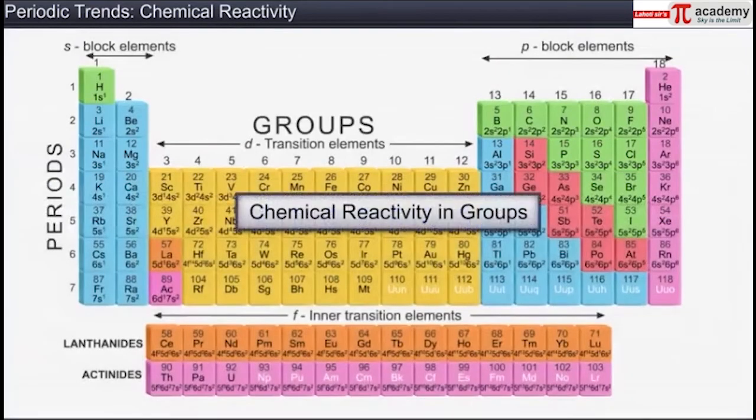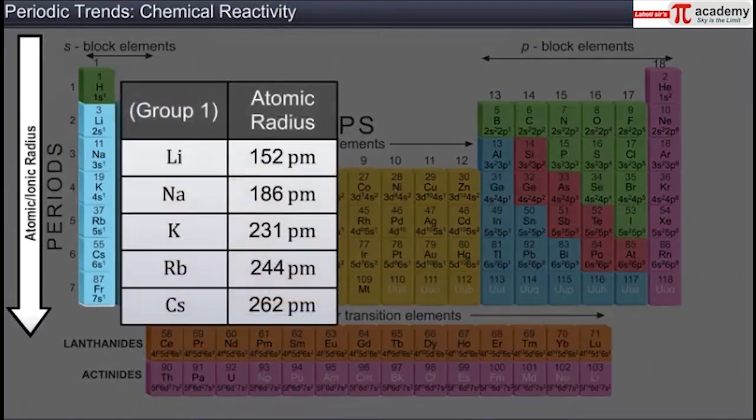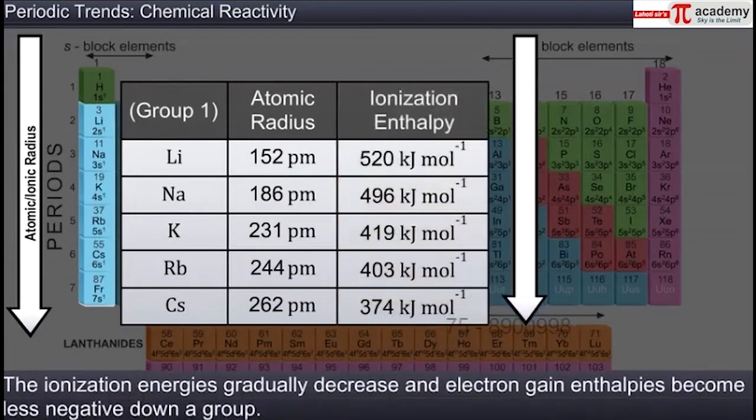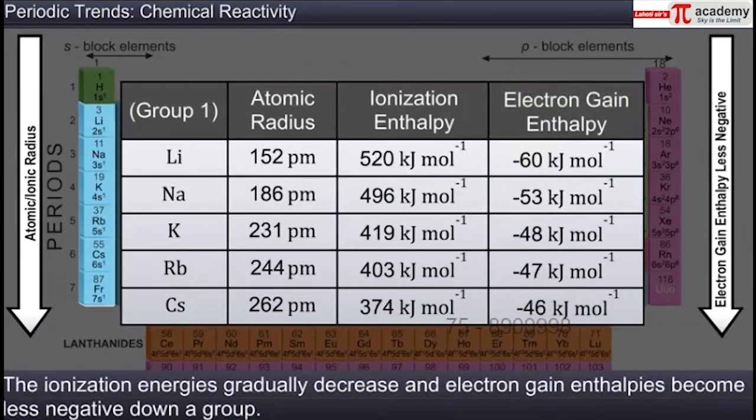Let's now consider the chemical reactivity down a group in the periodic table. The atomic and ionic radii typically increase down a group. As a result, for representative elements, the ionization energies gradually decrease and electron gain enthalpies become less negative down a group.